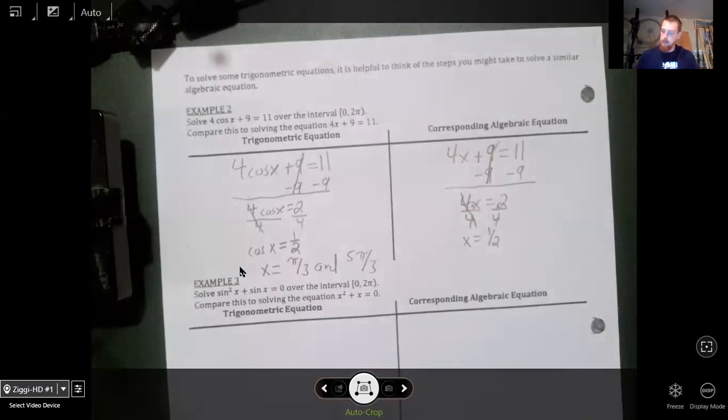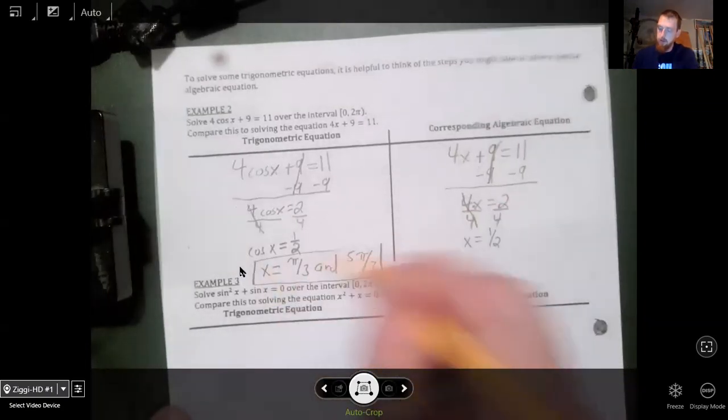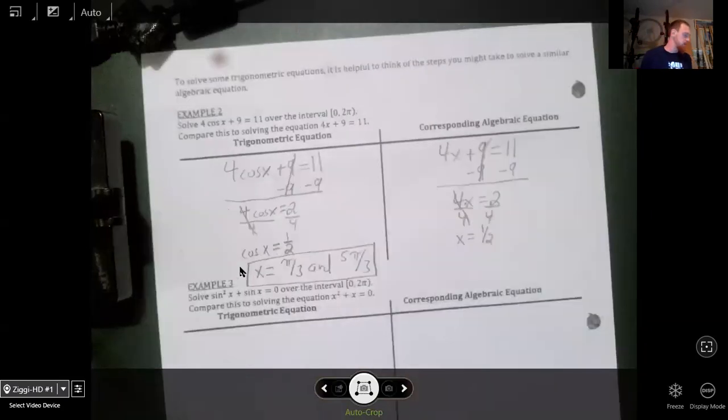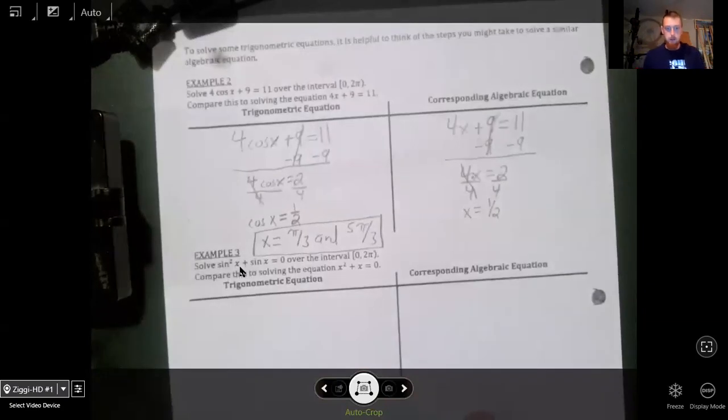So easy peasy. Just think of it like a two-step algebra equation. That one is nothing too crazy. The next one's going to be a little bit trickier because it's going to involve factoring. Ooh, factoring trinomials. So we've got sine squared x plus sine of x equals 0.